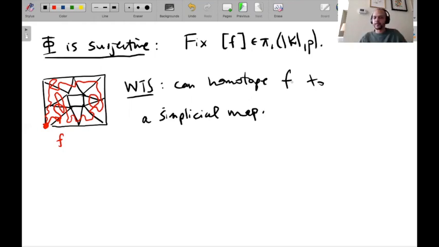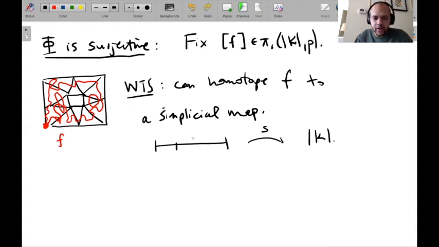So there's some simplicial structure on the interval, decomposing it into subintervals, so that this map on each edge sends it to either a vertex or an edge, and it does so in a linear way.